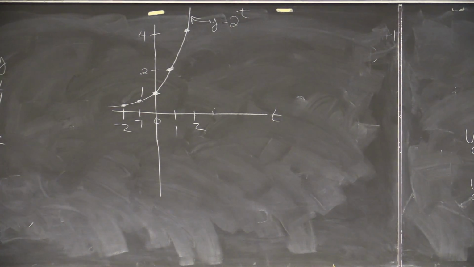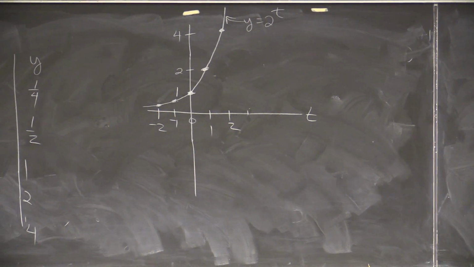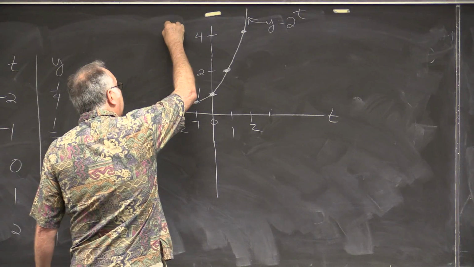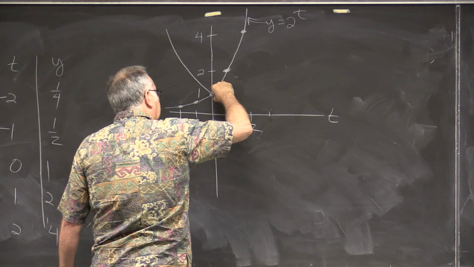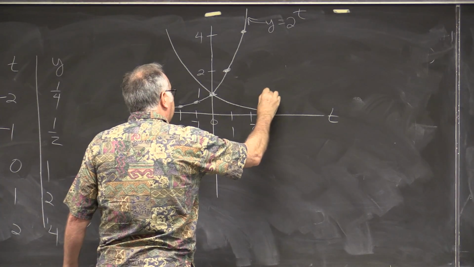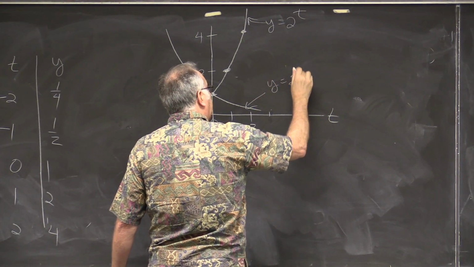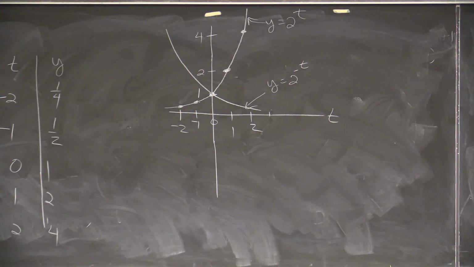It would be very large for negative values of t. Yes. In fact, it would be just the mirror image of this. Come down like this. So this is what y equals 2 to the minus t would be, just the mirror image of that.